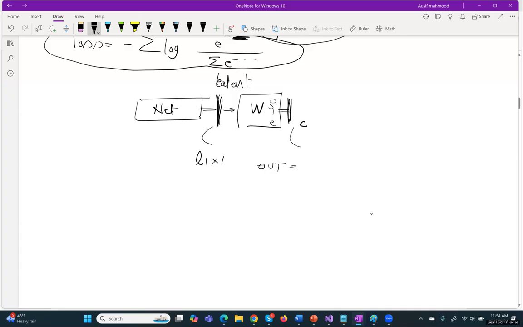C is the number of classes. So then this weight matrix should be, or let me just call it L rather than L1. So this is L by 1.